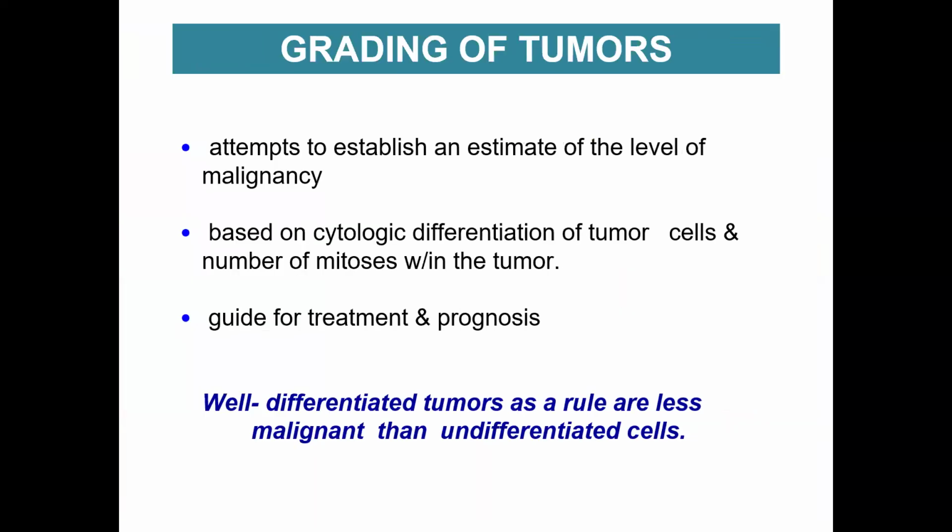Grading of tumors attempts to establish an estimate of the level of malignancy. This is based on the cytologic differentiation of tumor cells and number of mitosis within the tumor. So also this is a guide for treatment and prognosis. As a rule, well-differentiated tumors are less malignant than undifferentiated tumors.